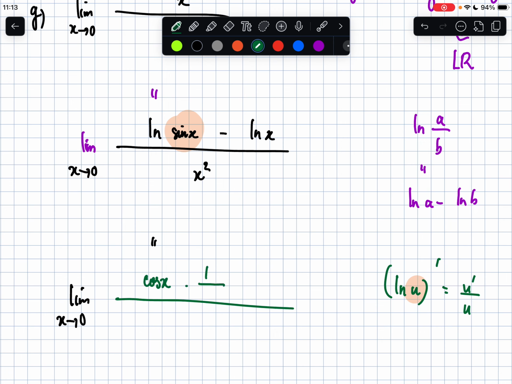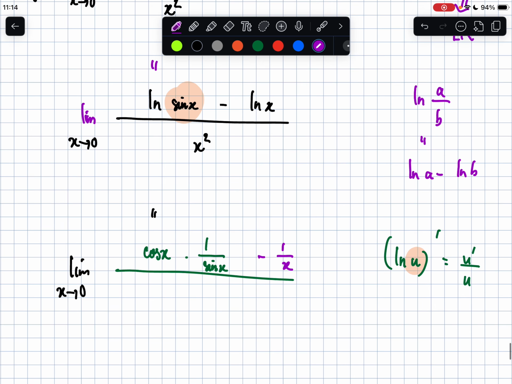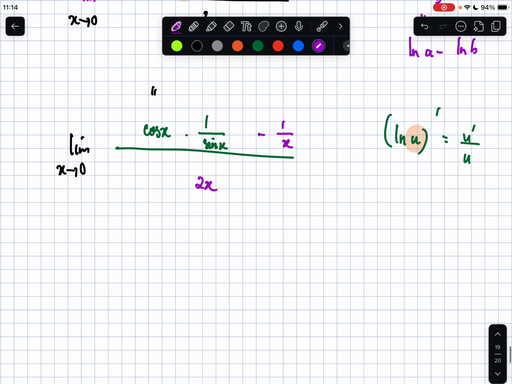I just write 1 over sin x. That's for the first term. The second term, ln x prime is 1 divided by x, and the x squared prime is 2 times x. This one is limit x to 0, cosine x over sin x minus 1 over x, over 2x.